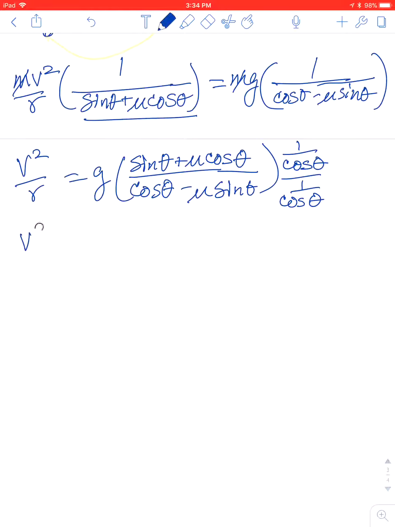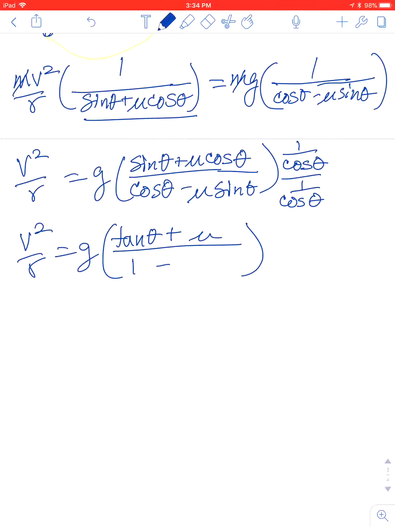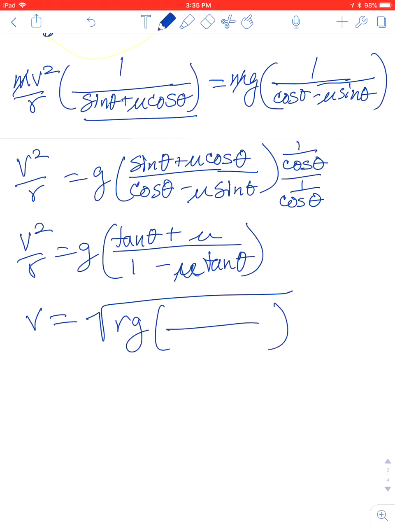So v squared over r equals g times, and I'm going to distribute this 1 over cosine divided by 1 over cosine, and the top becomes tangent of theta plus mu, and the bottom is 1 minus mu tangent of theta, which means v equals square root of r times g times quantity tangent of theta plus mu over 1 minus mu tangent of theta.